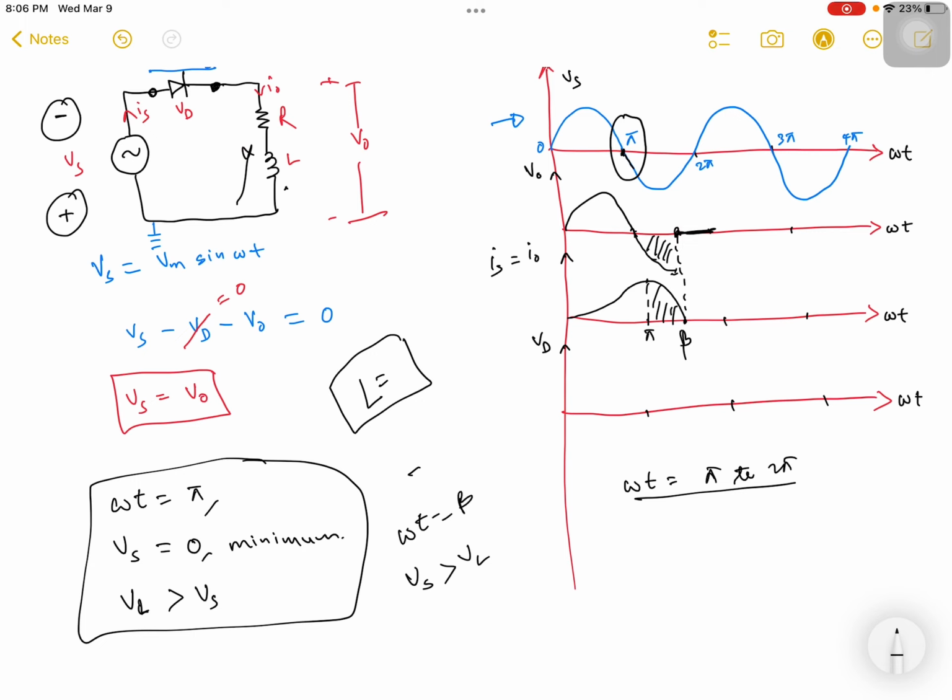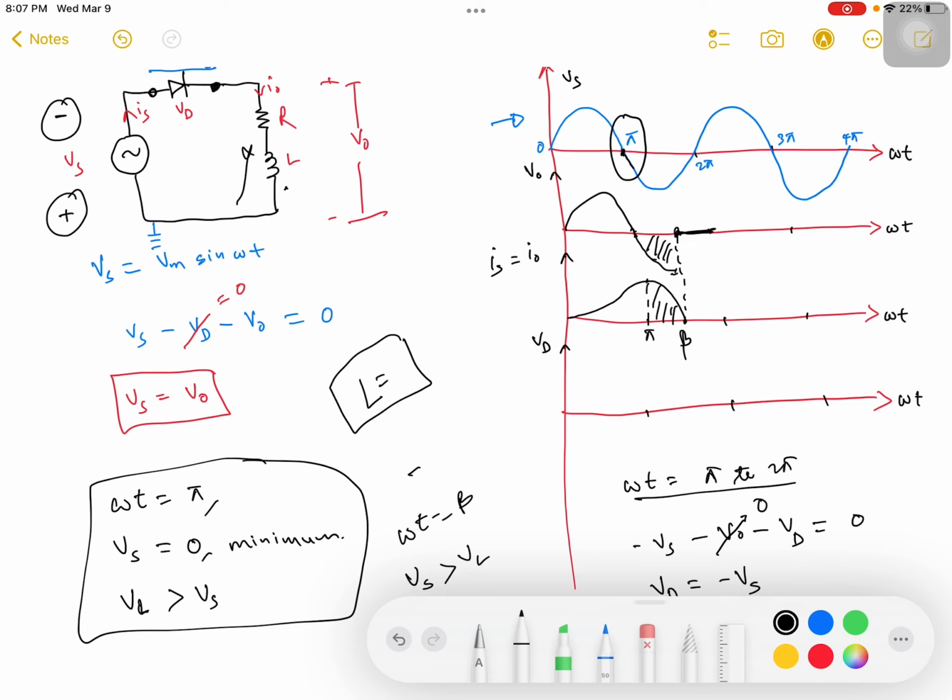If you apply the KVL, it will be minus Vs minus VO minus the voltage drop across the load, and the voltage drop across the diode will be equal to 0. Since it's open circuit here, this one will be 0, so our VD will be equal to negative of Vs.